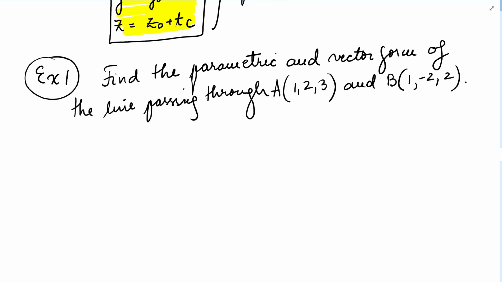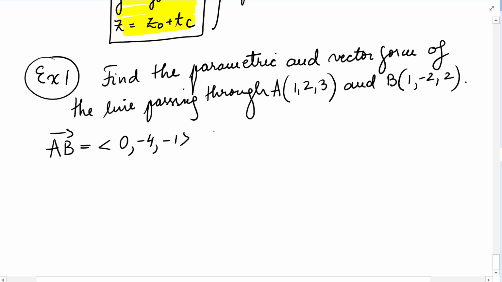So let's solve this problem. Find the parametric and vector form of the line passing through the point A of coordinates 1, 2, 3 and B of coordinates 1, negative 2, 2. First of all, we can find the vector AB, which is equal to 1 minus 1, 0, negative 2 minus 2, negative 4, 2 minus 3, negative 1.